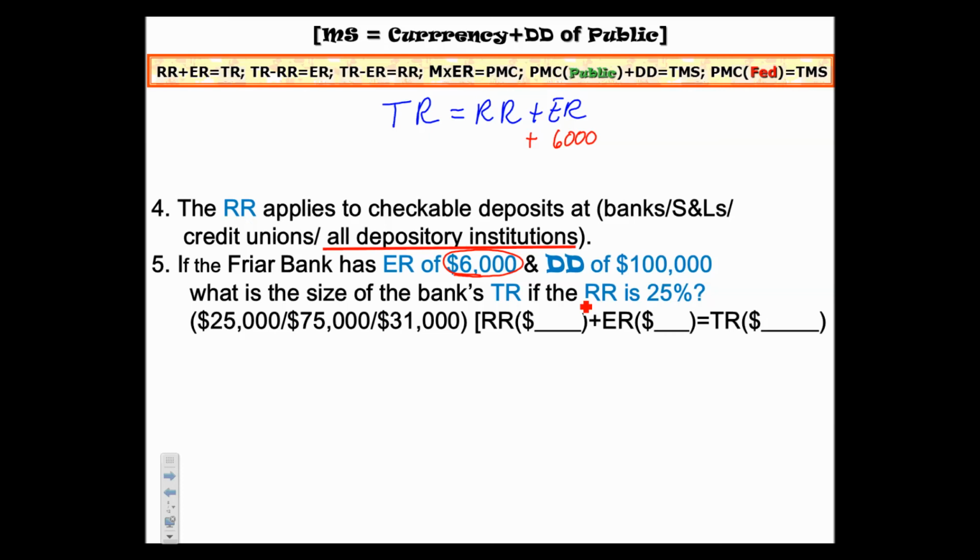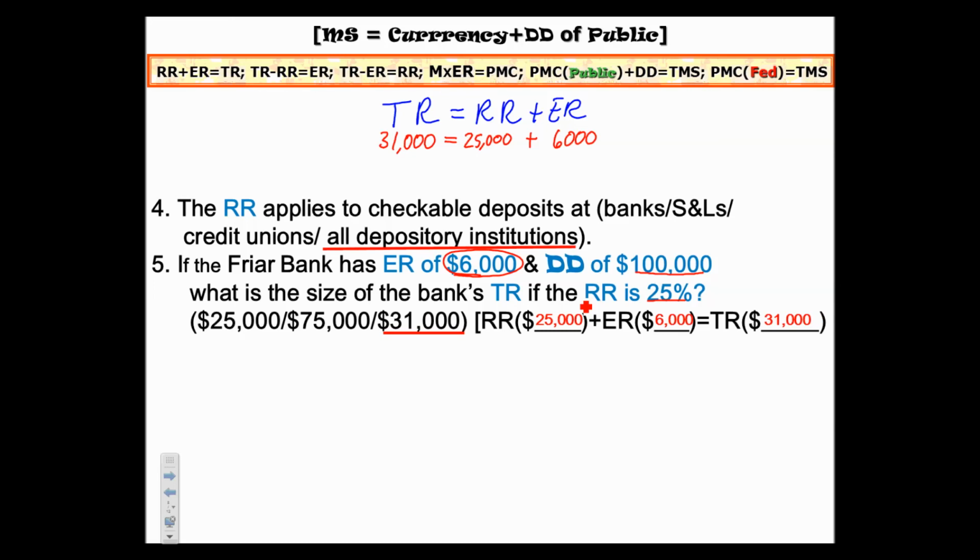So what we really know from this information is that of this 100,000, 25% of it still is at the bank because it's part of the required reserves. So 25,000 is required reserves. So the answer to our question is 31,000. 31,000 is the total reserves. So we've answered that question.